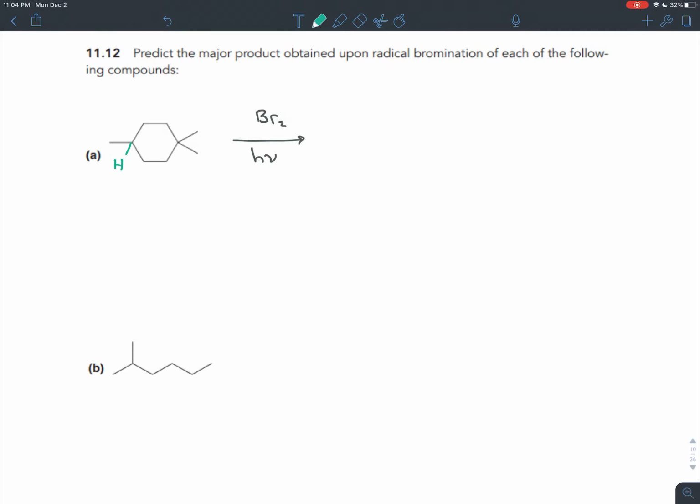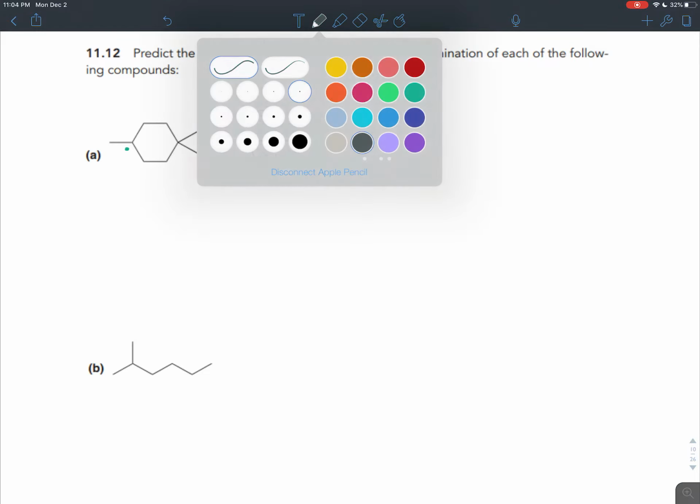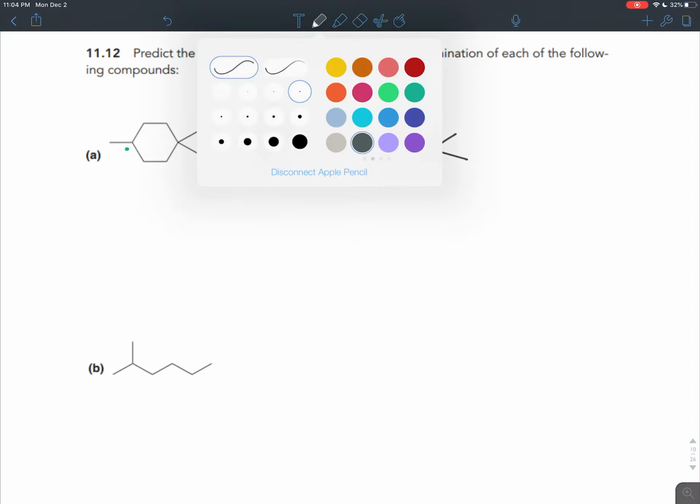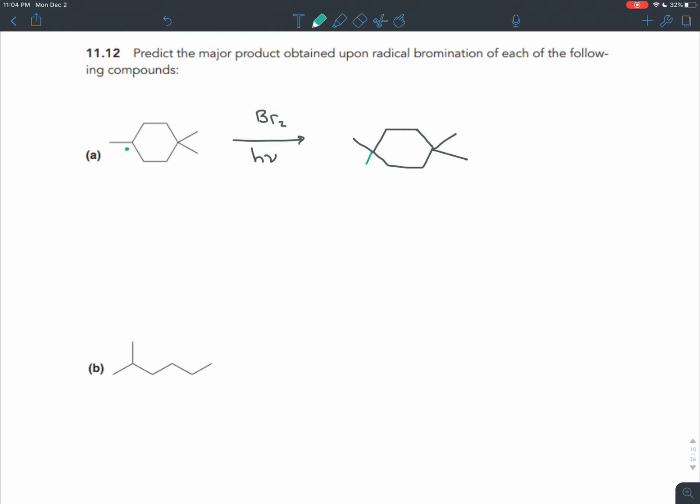There's a hydrogen there. One of these bromine radicals can abstract it. That would give you a radical there. That's the most stable radical you could have on this molecule. That radical will react with the second bromine radical that we made, and ultimately the bromine would add onto that position where you form the most stable radical.